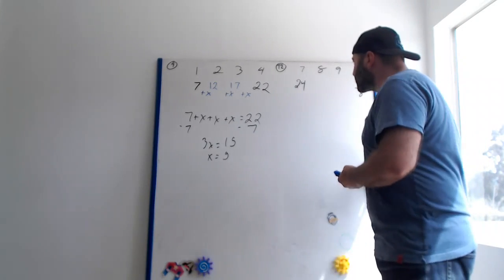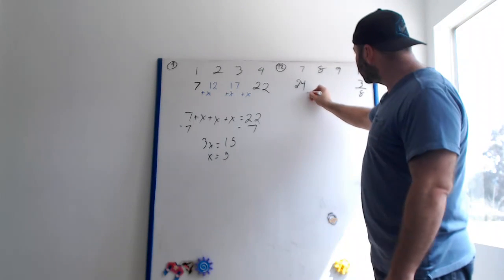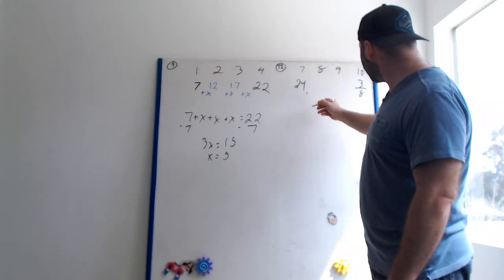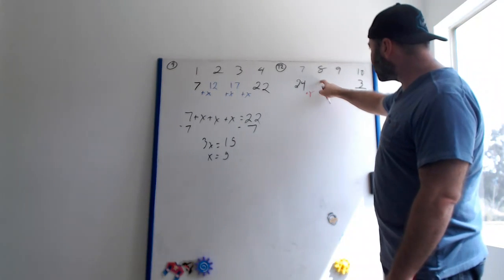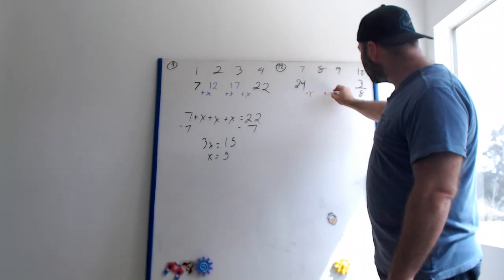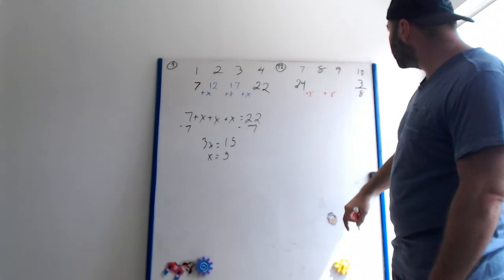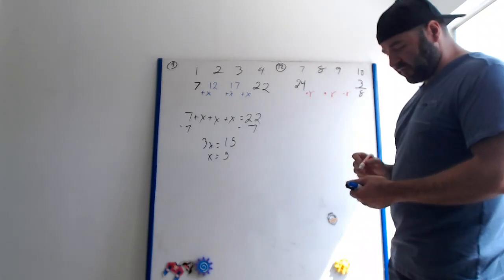So this time, instead of adding each time, I'm going to be multiplying. So it's going to be 24 times a number r, the common ratio, gives me the number under 8. 8 times that r gives me the number under 9. 9 times the r gives me 3 over 8.